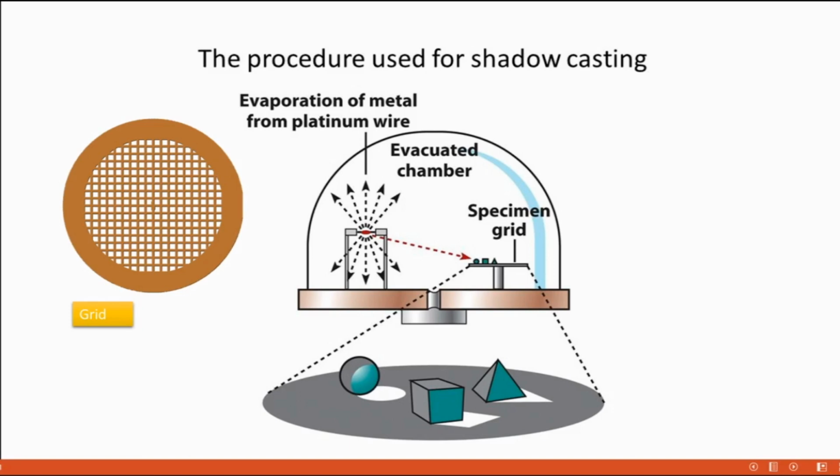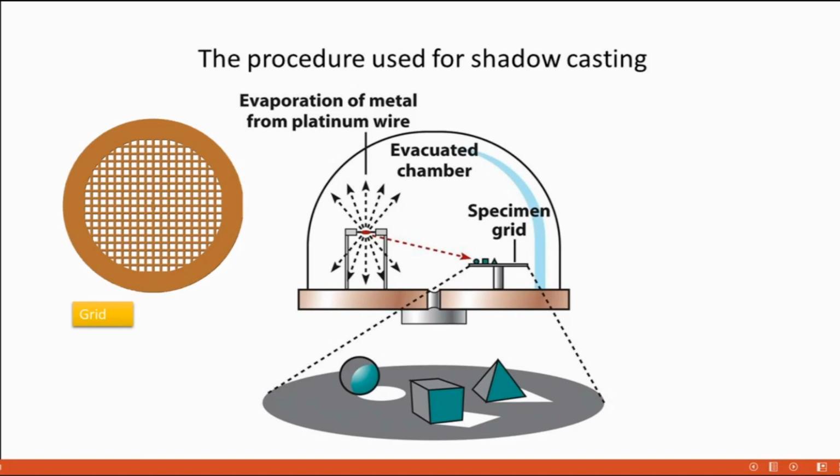And if we observe such a specimen through the TEM, the areas that are coated with the metallic substance appear darker, and the opposite side, devoid of any coating, appears brighter. If we record that observation on a photographic plate, we will get a negative image.